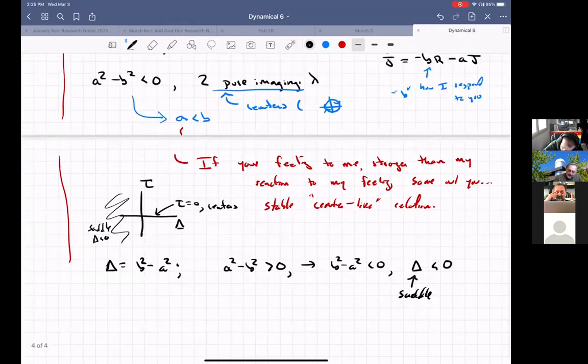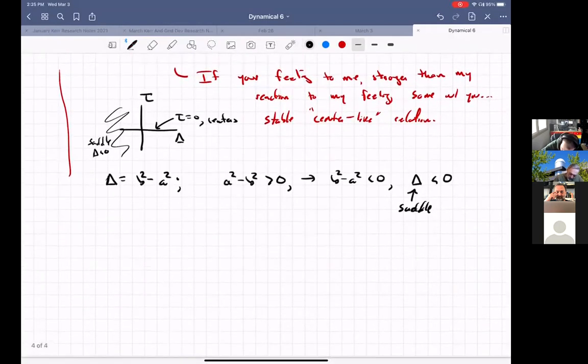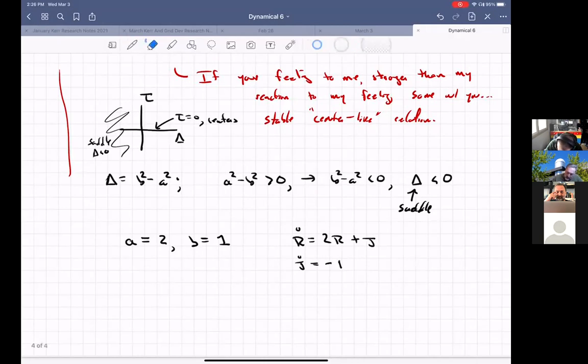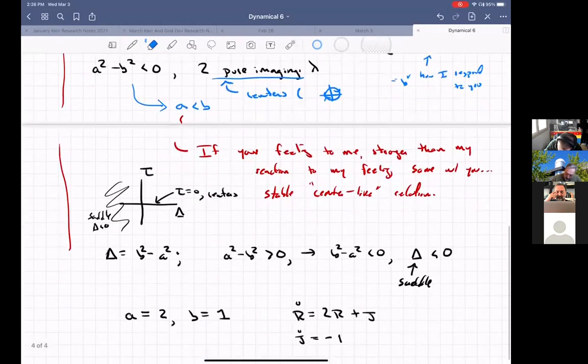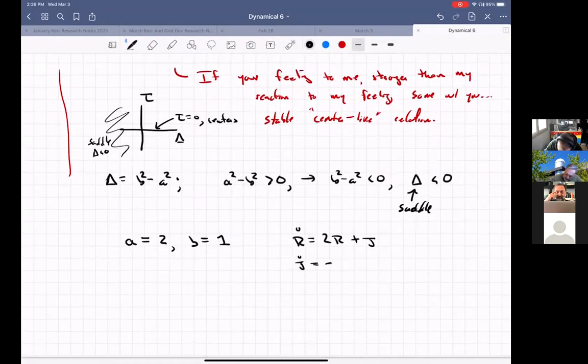Now, let's work it out a little bit. So let's suppose that A is 2 and B is 1. So my system is R dot is 2R plus J, and J dot is minus R plus 2J.